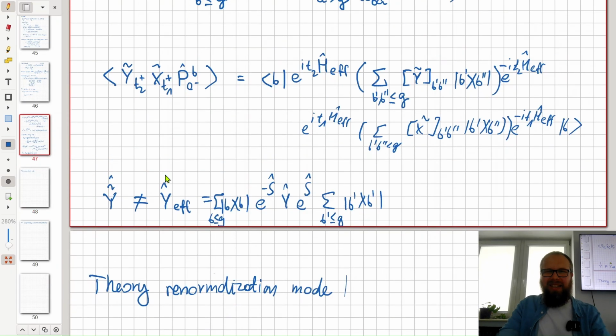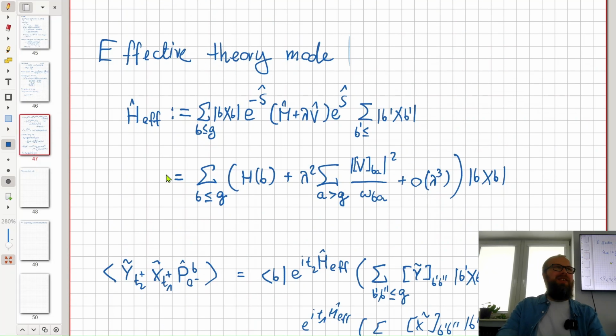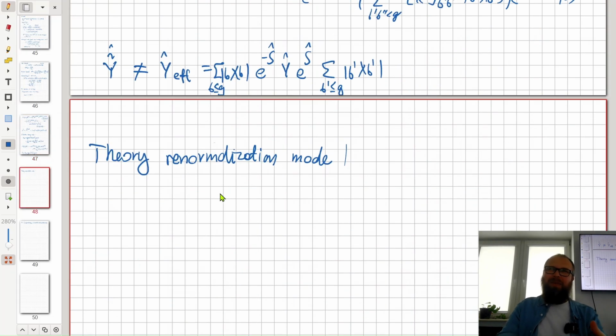Theory renormalization. It was the idea that if we can create effective theories, then maybe we can work backwards. We have some system with some Hamiltonian and some terms, and maybe we can justify this particular model by saying it's actually an effective theory of something bigger.